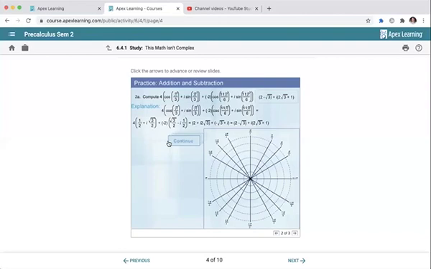We first have to distribute. So we distributed first, and after we distributed, then we collected like terms. So we had the real parts together and the imaginary parts together. All right, and then we were able to simplify that down potentially if we wanted. Okay.